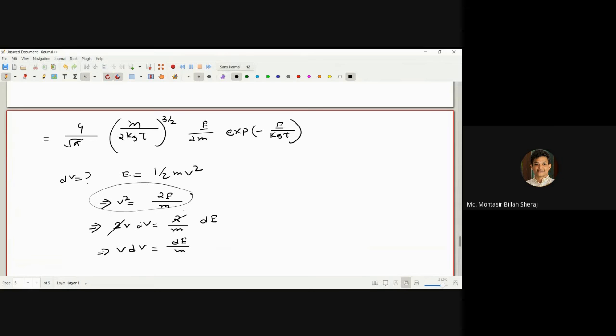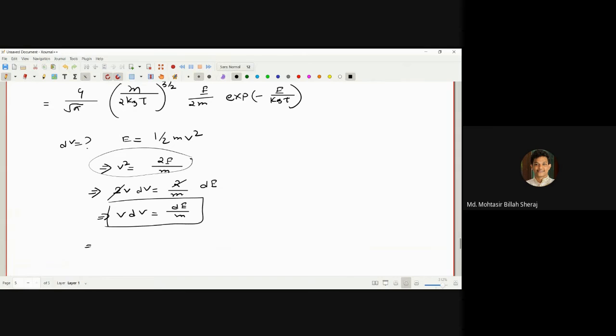And if you differentiate the other term with respect to v, you get 2/m dE/dv, and this dv we are taking to the left-hand side. So this is dE/m equals v dv. Now what is dv? dv equals dE/mv. Let's replace this here.